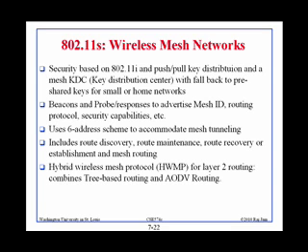It includes route discovery, route maintenance, and route recovery. So how do you go from one house to the next? They have to exchange some packets to figure out who can hear whom, what is the signal strength, and what is the best path. All that detail is here. And then the hybrid mesh protocol for layer 2 routing combines tree-based routing and AODV routing. We haven't discussed AODV routing yet.